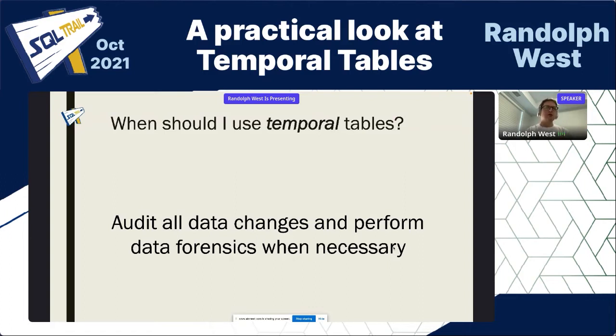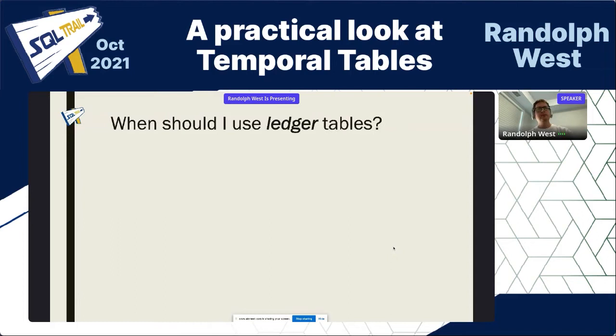So I don't agree with the claim that it is useful for data forensics, but provided you can trust the data and provided that you've maintained a proper auditing environment, starting from the network application into your database, then you have a better level of trust on that data. And then, yes, you can audit all the data changes that have taken place.